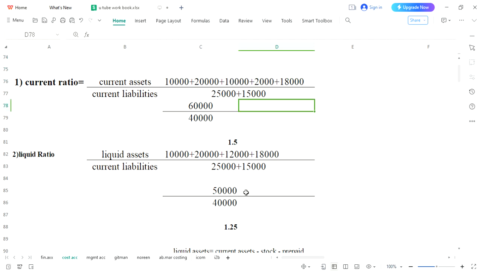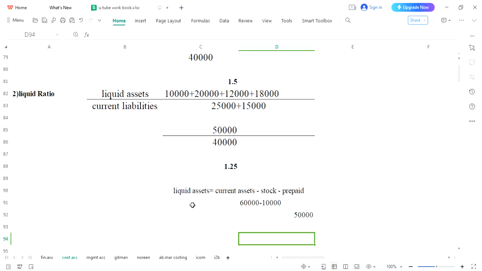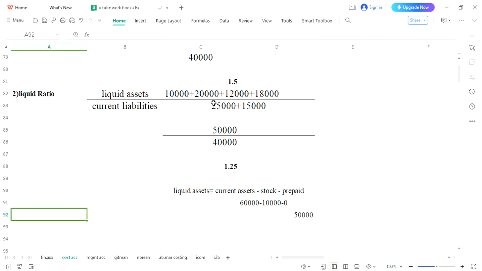This is the direct method. And for the indirect method, you can apply this formula. From current assets you will subtract stock and prepaid. Prepaid was not present over here, it was 0. And then stock value was 10,000, current assets 60,000, which we have calculated above. So we have got 50,000. So both methods are valid. Whatever you want, you can do it.